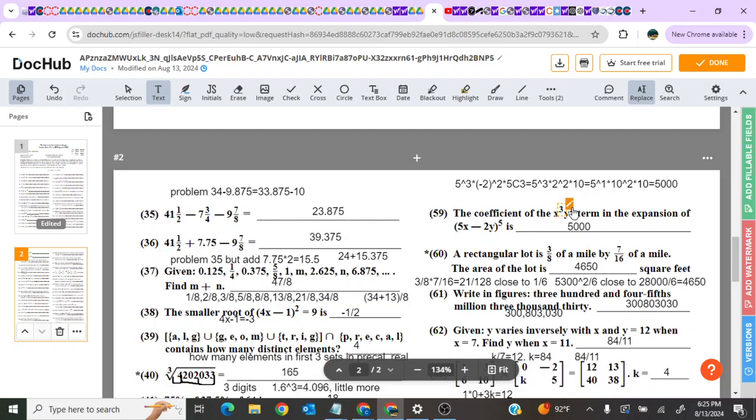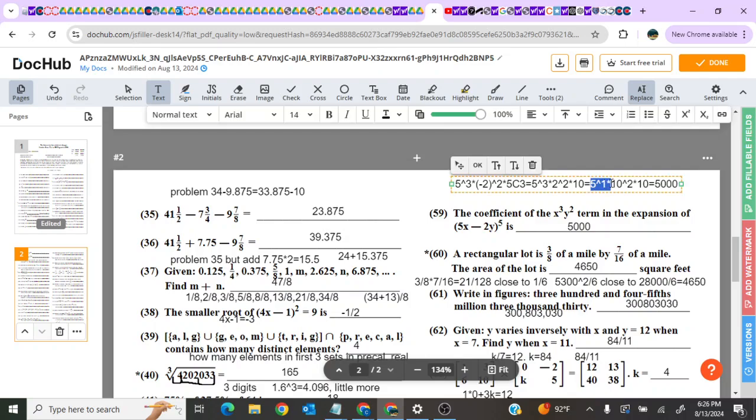So 5 combination 3 is 10. 5 times 4 over 2, 10. So then now you have 5 cubed times essentially 2 squared times 10. So 5 squared times 2 squared is equal to 10 squared. And you just have 5 powered to 1 left over. So 5 powered to 1 times 10 powered to 2 times 10 is 5,000.